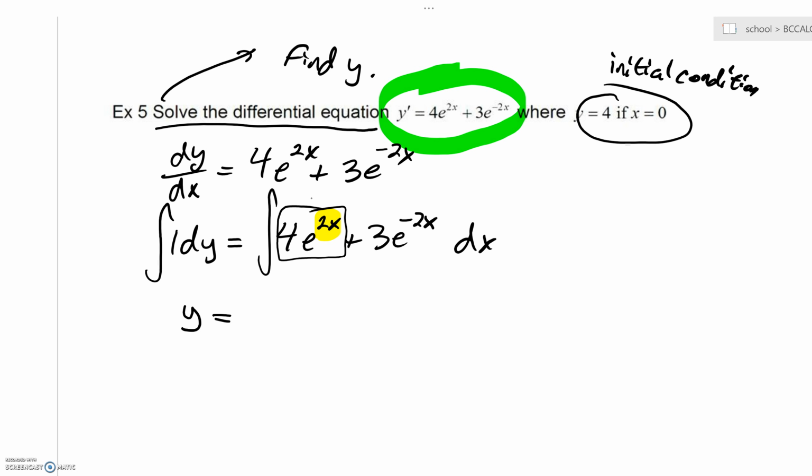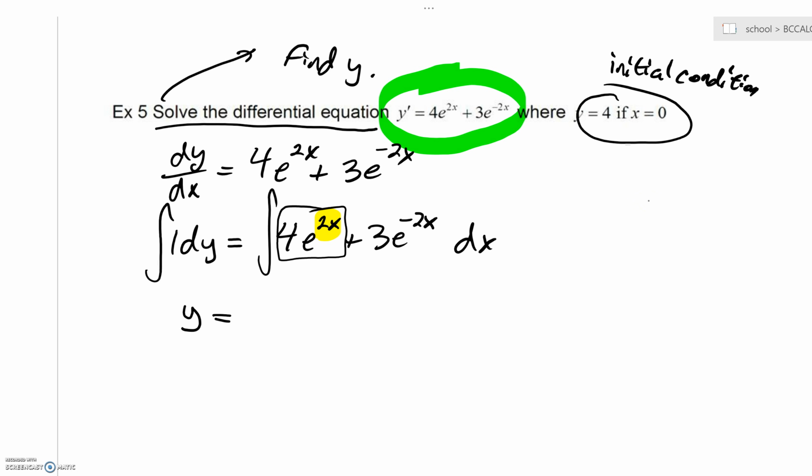We certainly can do a u substitution. We could let u equal 2x and work that out. We could even separate into two different integrals and make two different u substitutions. That being said, a u substitution really is used to reverse the chain rule.